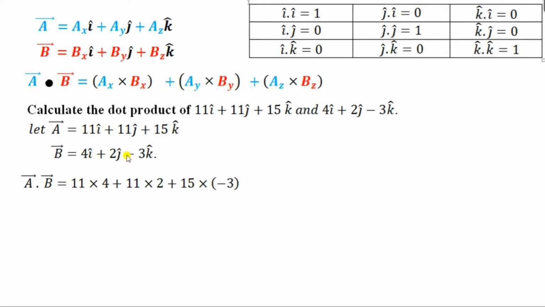For other terms we'll get 0, so we are not writing other terms. We'll just multiply only the like terms. So now when you solve this, you'll get 21. So here you can see we are multiplying two vectors, and on this side we are not getting i, j and k. That means we are getting just a pure number, that is a scalar quantity.